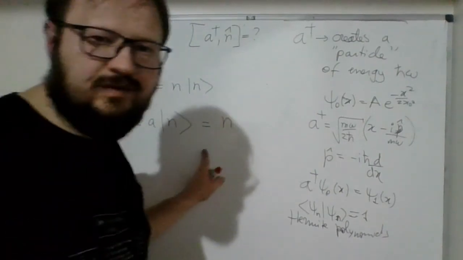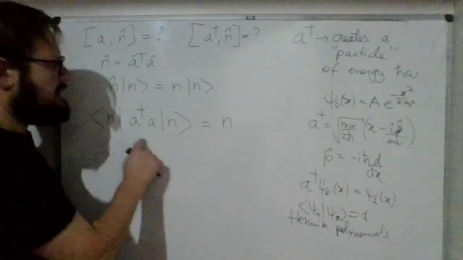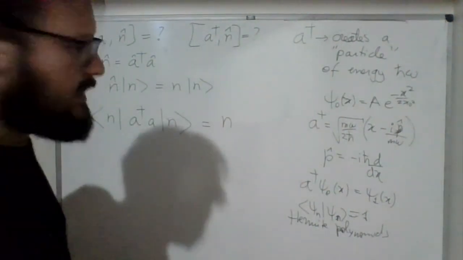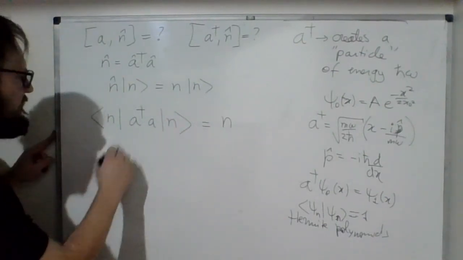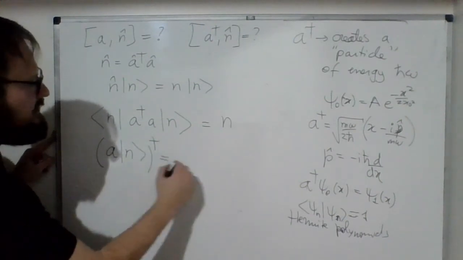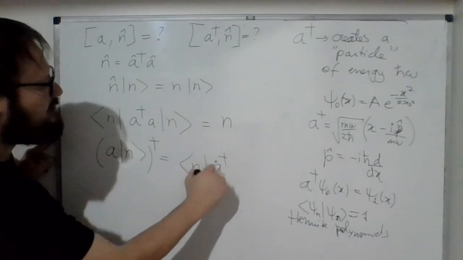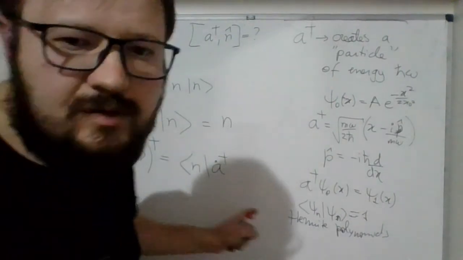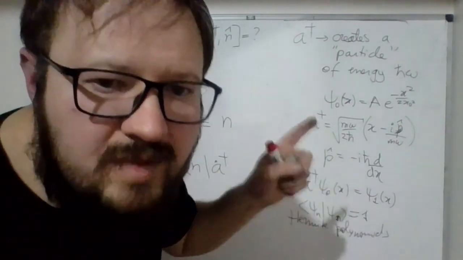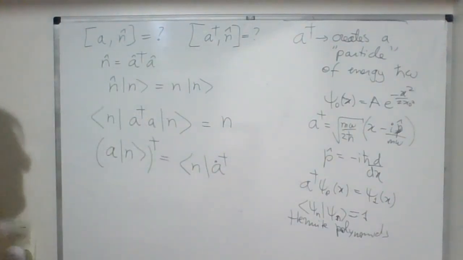All right? It produces n, because when you apply this to that, it's just an eigenvalue equation. But also remember that A to n dagger is the bra of n and the dagger of this operator, and they are not Hermitian. A and A dagger are not Hermitian operators. This is a very important thing.